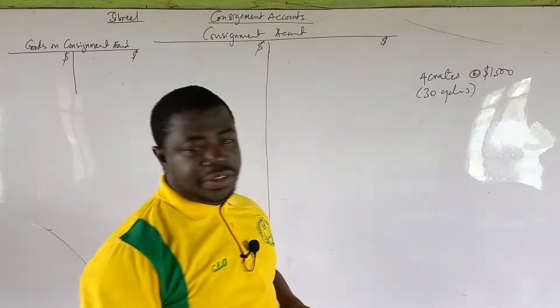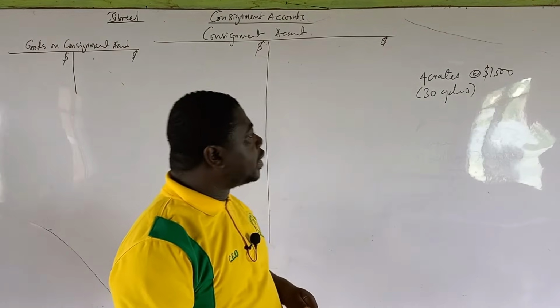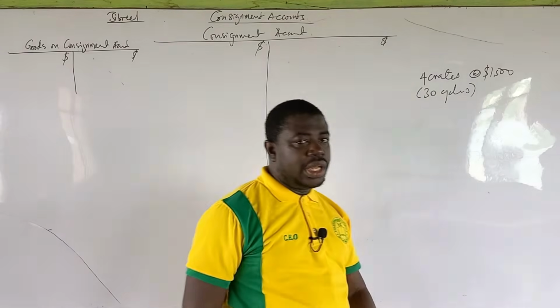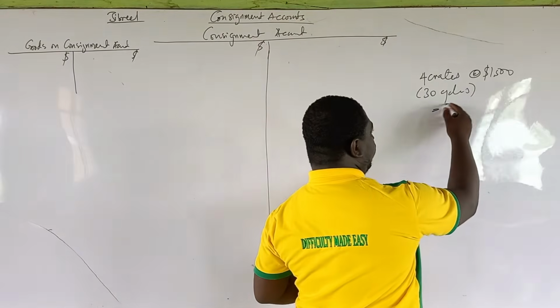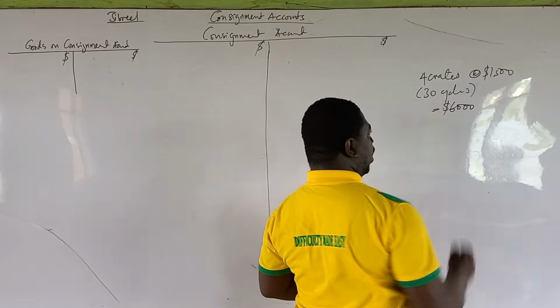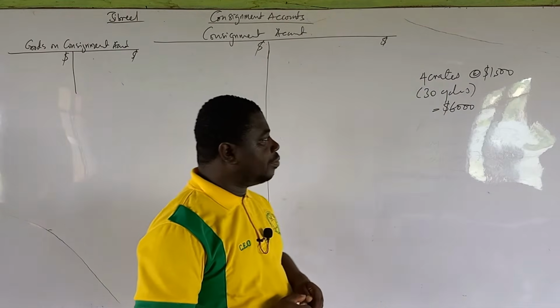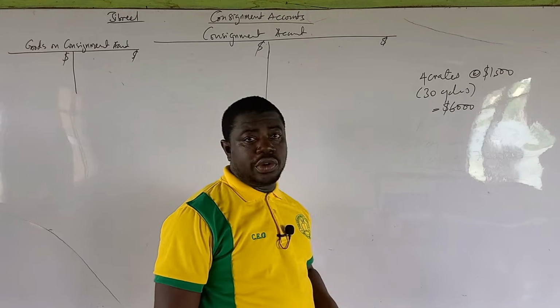Please, this $1,500 unit price is for the crates, not for the cycles. Just get it right. So when you multiply 4 by 1,500, you have a total of $6,000 for the cost of the goods consigned.